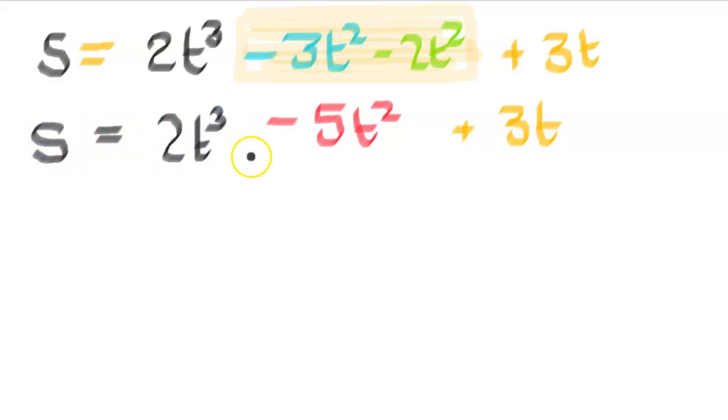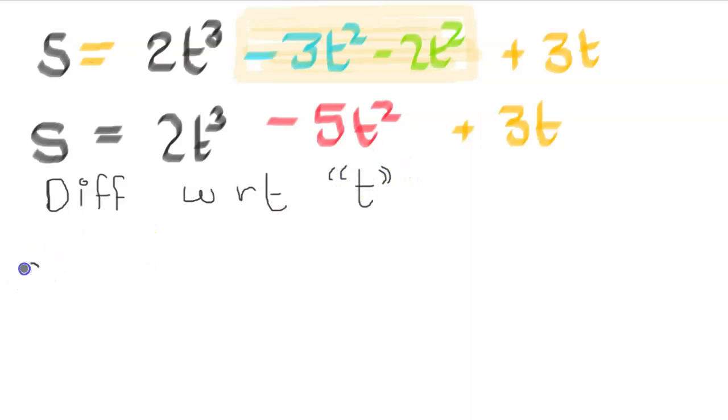Now once I've done that, I need to differentiate. So I will write down differentiate with respect to x. Not x, because the variable is t.